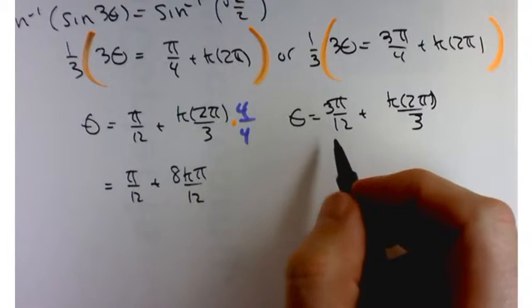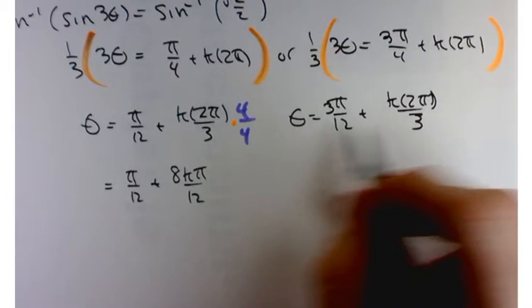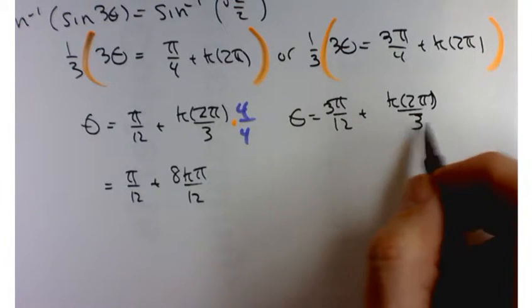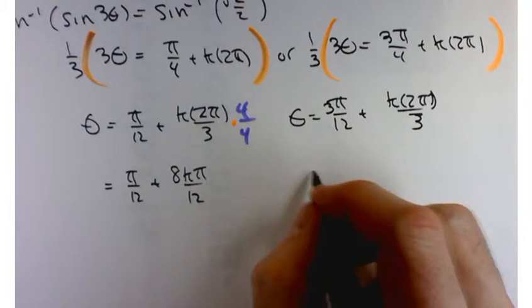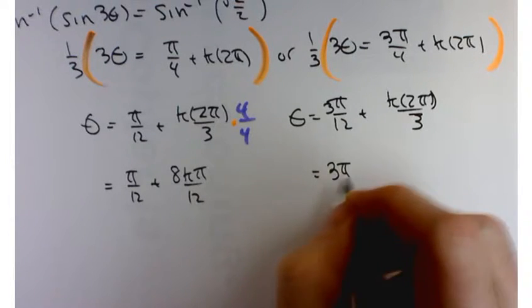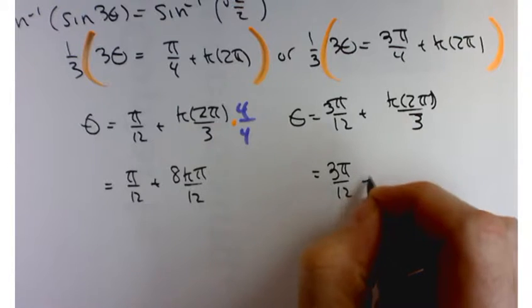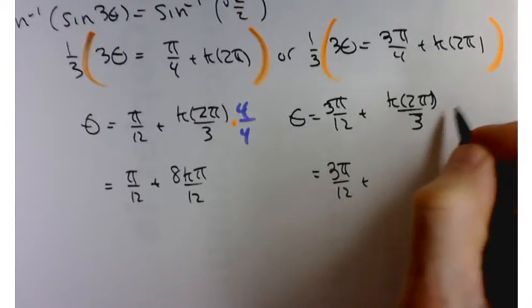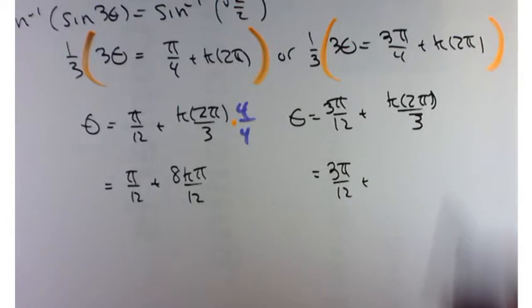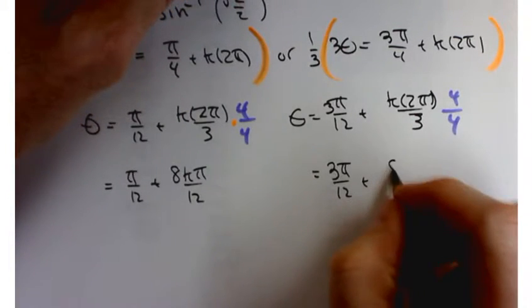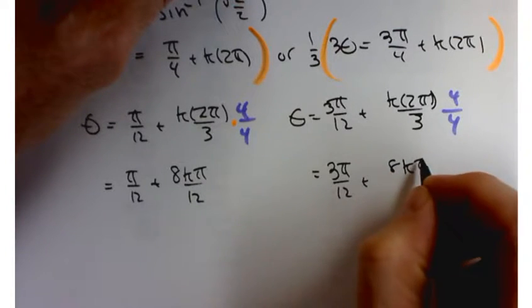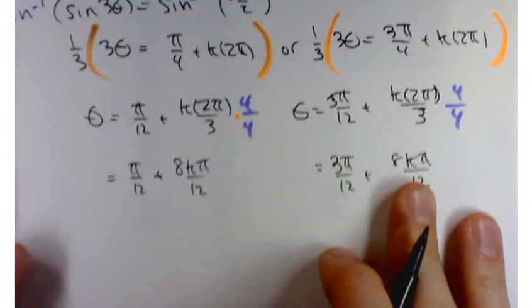We are going to need 12 as a common denominator here eventually, so let me just continue with this. That's 3 pi over 12 plus, again, I'm going to multiply by 4 over 4, and I get 8k pi over 12.